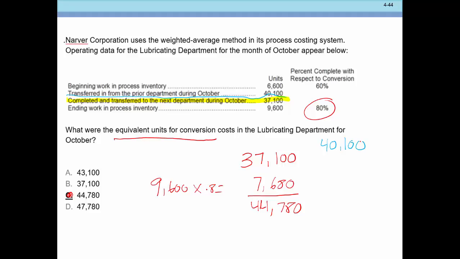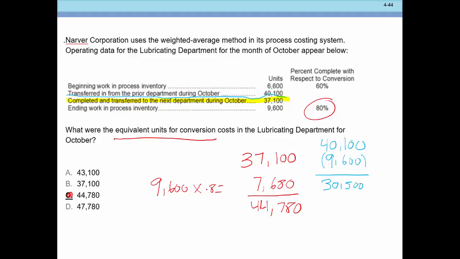For all the costs that I added for the period, there were 9,600 units that are not done, so I would back that out. That gives me now 30,500.